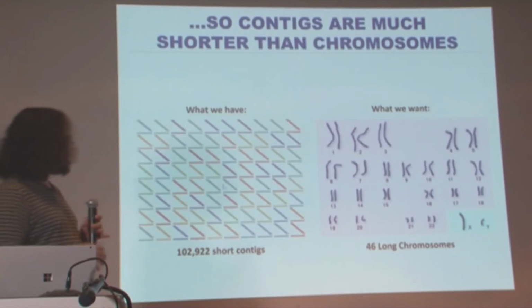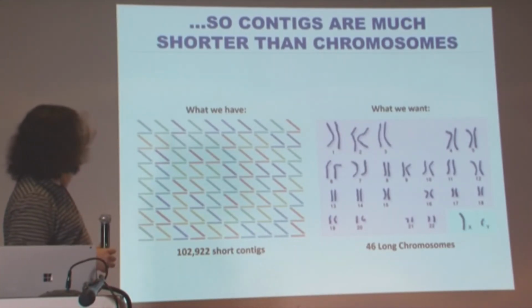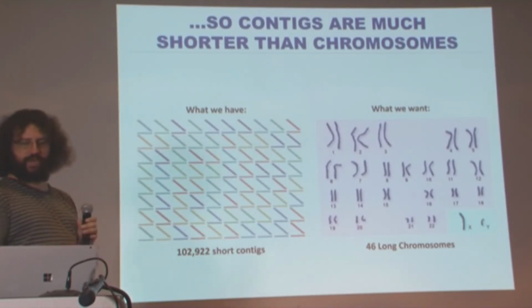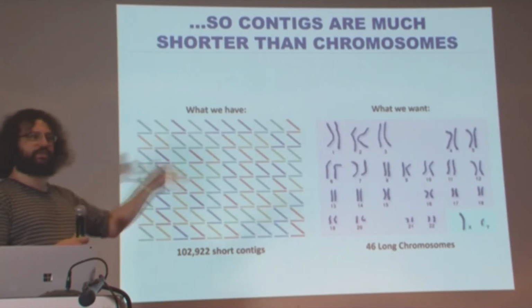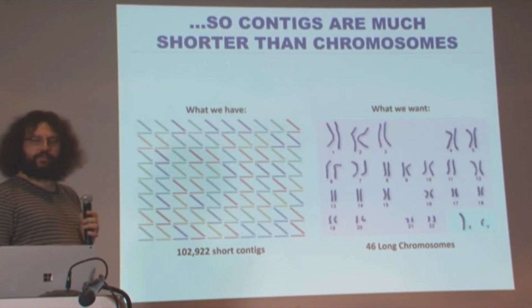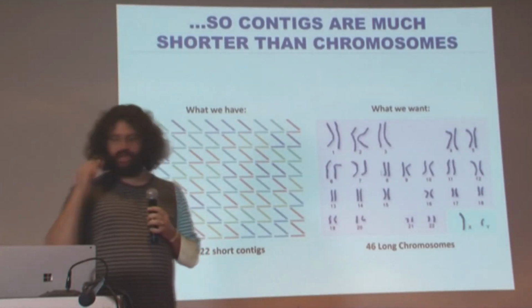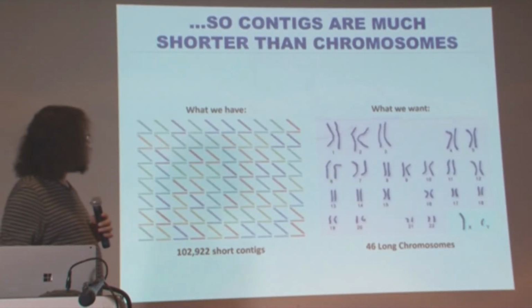Typically if you're doing a short read assembly, the best assemblers around will produce hundreds of thousands of short contigs, whereas what you want is 46 long chromosomes, a single sequence per chromosome. And even with long reads today, you still end up with thousands of contigs, far more than the chromosomes, and it costs you a lot more money.